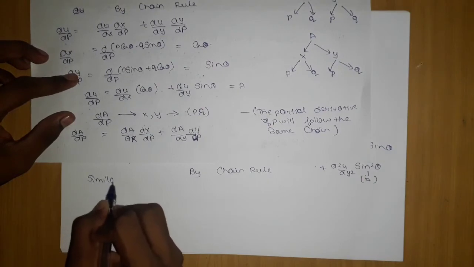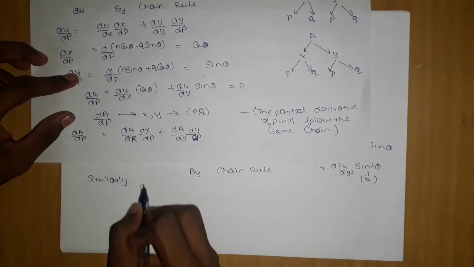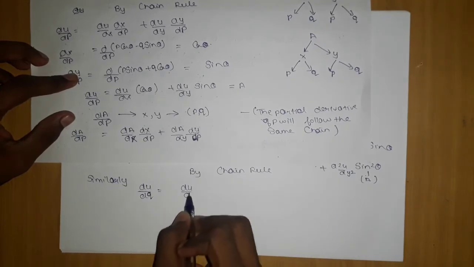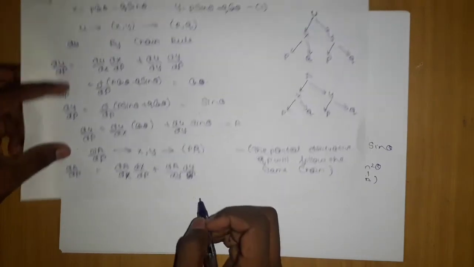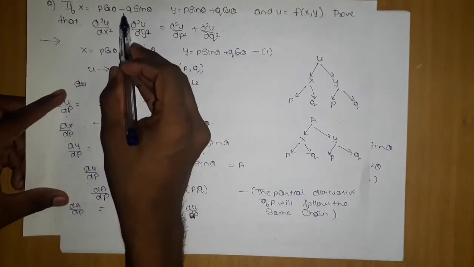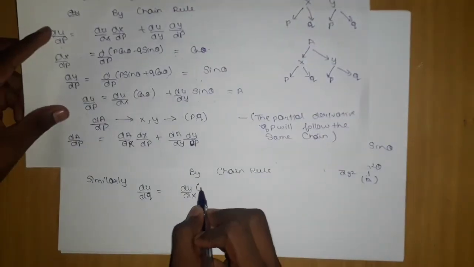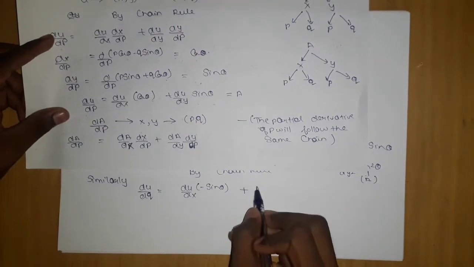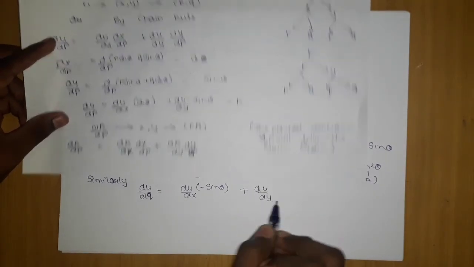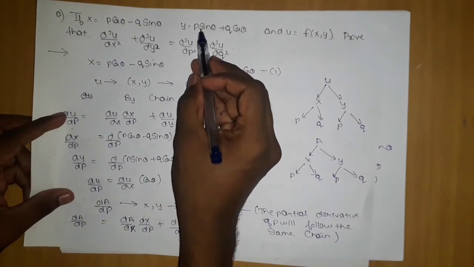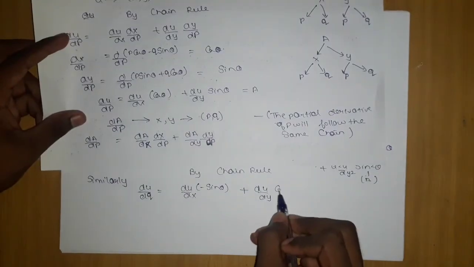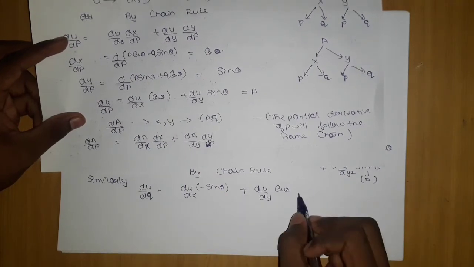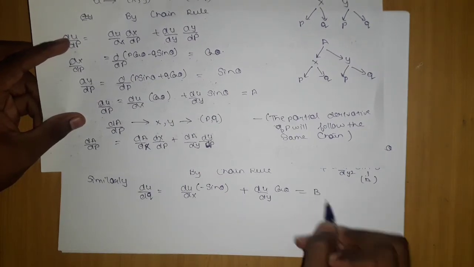Similarly, ∂u/∂q will be nothing but ∂u/∂x, straightforward, differentiate it with respect to q, which will give you minus sin theta, plus ∂u/∂y, differentiate it with respect to q, you will get cos theta. Now you got the thing which you wanted, you will call it as some B.